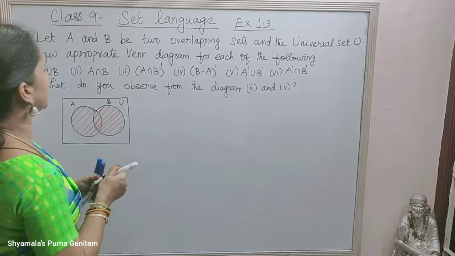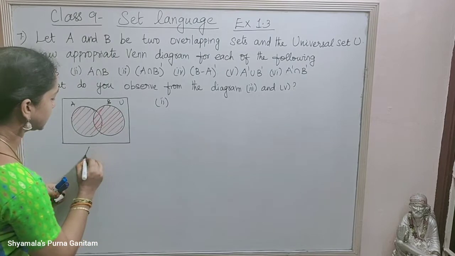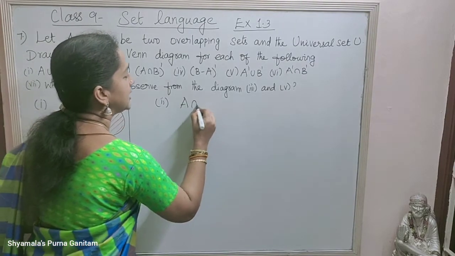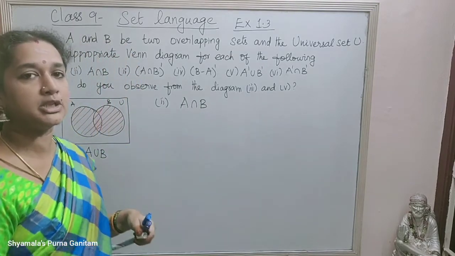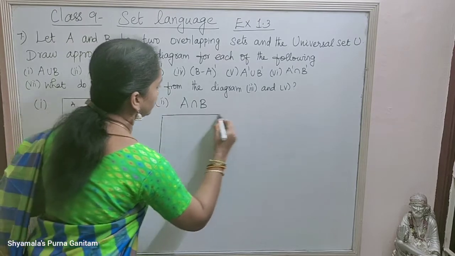Then the second one is A intersection B. Intersection means what? Common elements between both the sets.